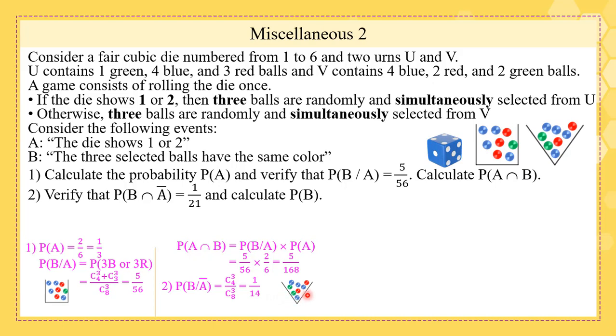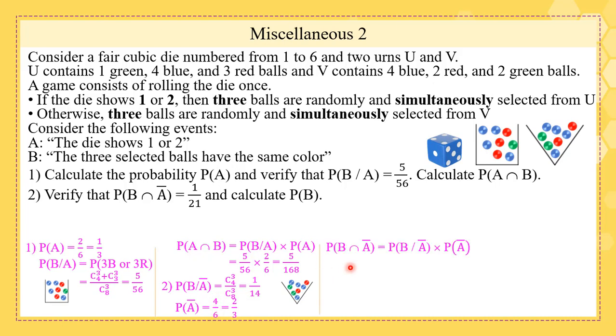In fact, here we cannot have more than one case, which is the probability of choosing 3 blue balls. So it will be 3 out of 4 over 3 out of 8. Now P of A bar is 1 minus P of A, which is 1 minus 2 over 6. Or we can see also that we have 4 outcomes out of 6.